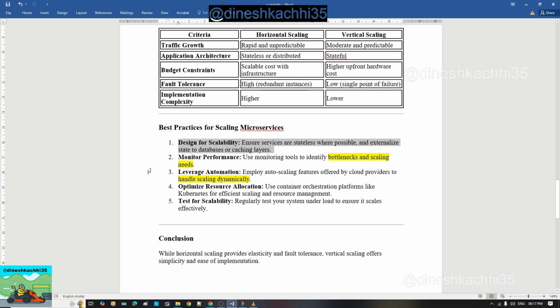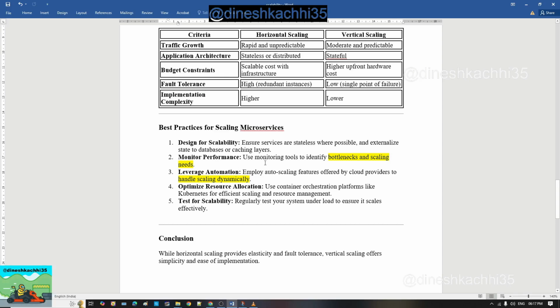For example, when we are implementing horizontal scalability, we need to ensure the service is stateless and externalize state to the database. So we are externalizing the database, right, in whatever current architecture we are using. The caching layer also we are externalizing. We are not keeping it on the same server.